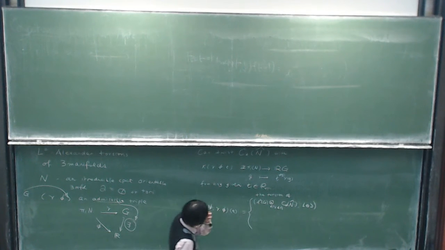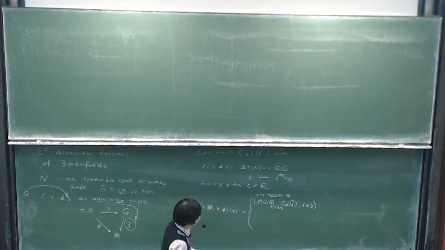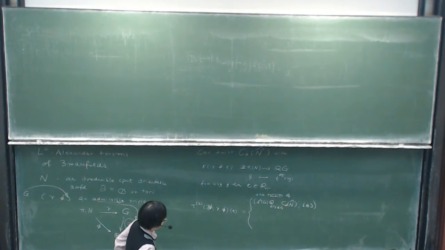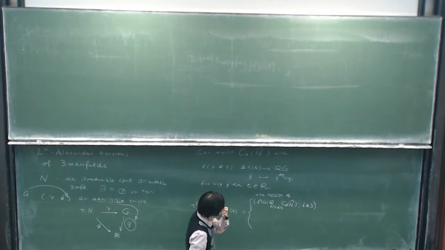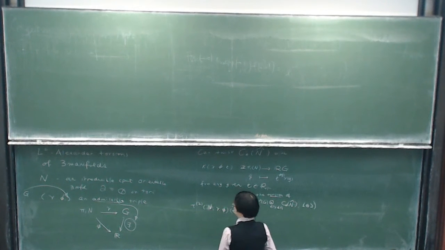And in order to speak of the torsion, you want all your boundary maps to give you a cyclic chain complex, and also you want your determinant to be well defined there.